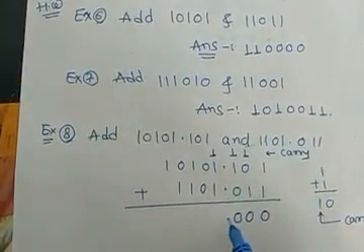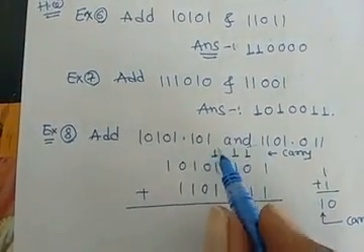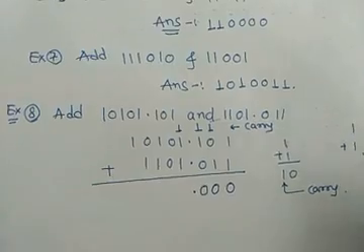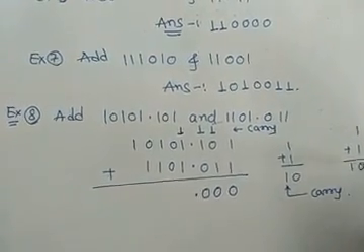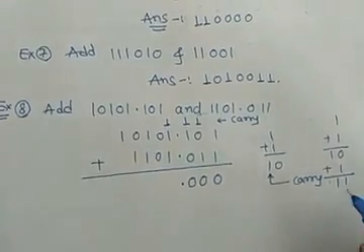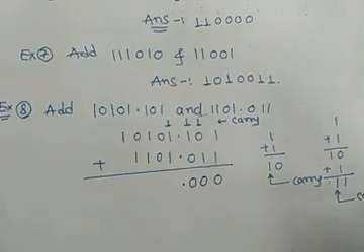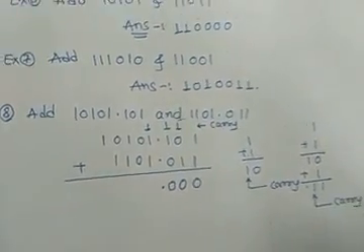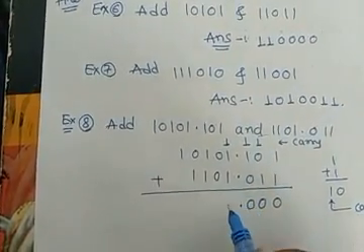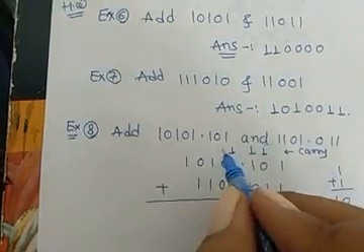Now we take a point. Now 1 plus 1 plus 1, we know we have solved this type also. 1 plus 1 is 10, and again adding 1 we get 11, where this is a carry 1. So 1 plus 1 plus 1 is again 1 and carry term is 1.